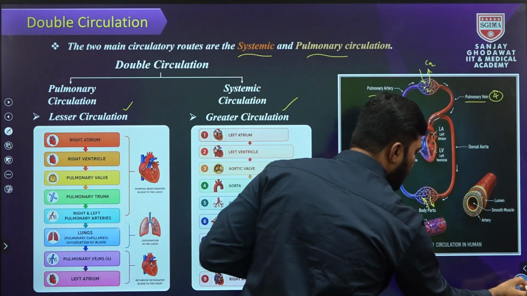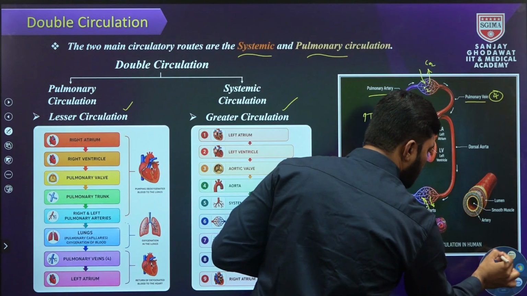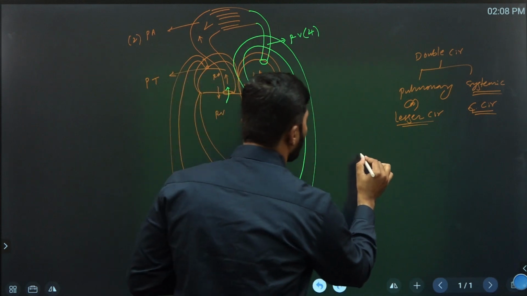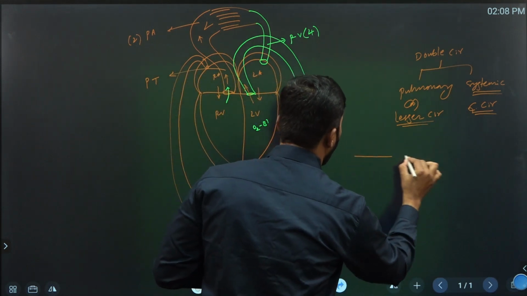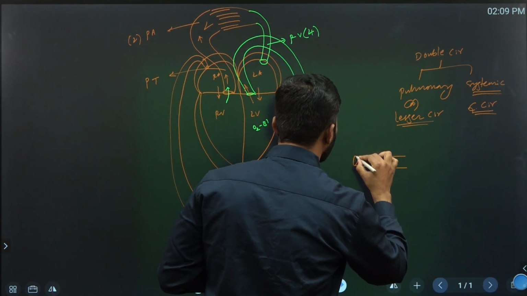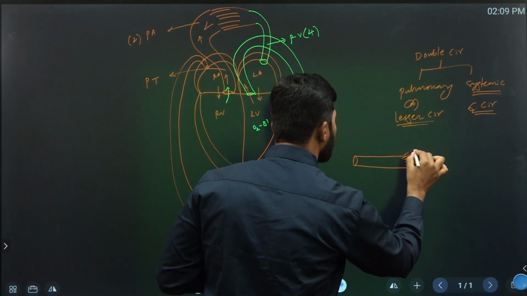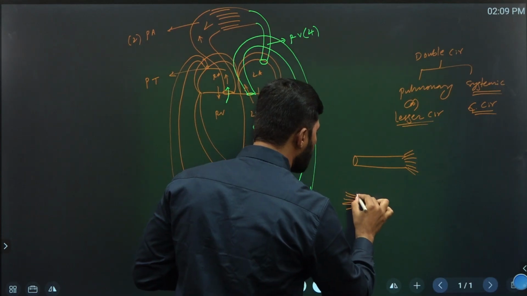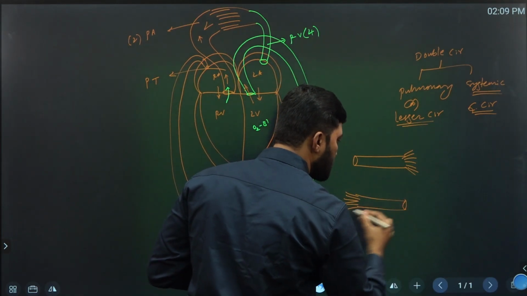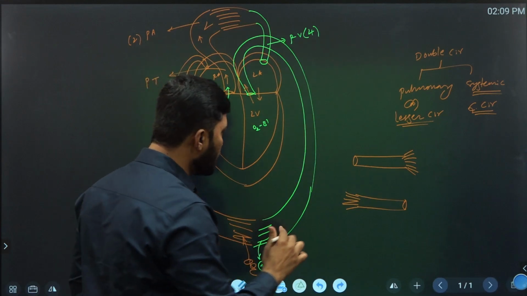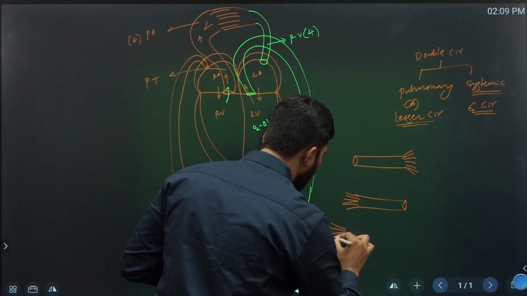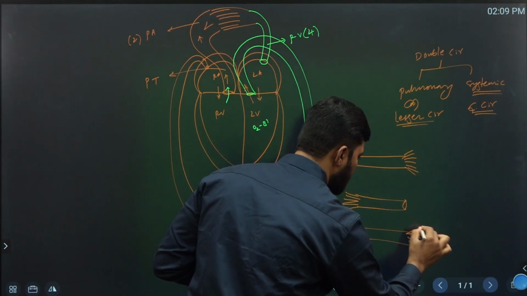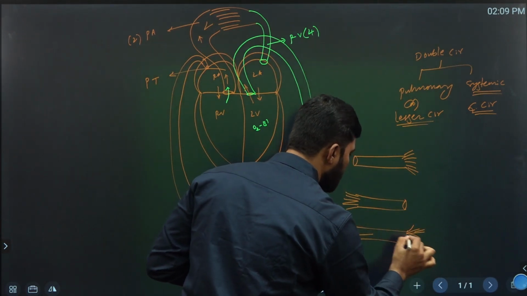Whereas the portal: arteries start with the large tubules and end with the capillaries, and veins start with capillaries and end with the large ducts. Now the portal duct starts with capillaries and ends with capillaries.